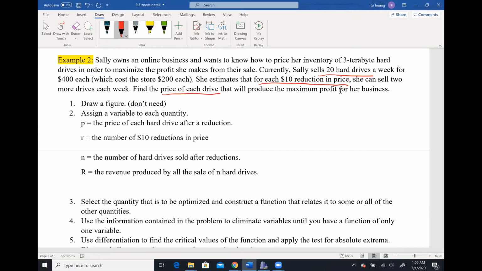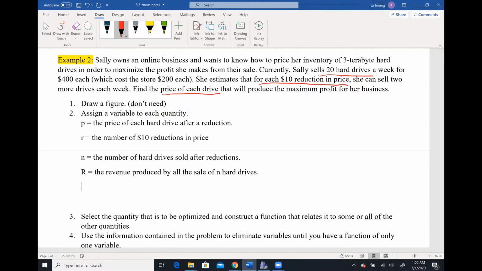Because it's a business, in order to get the revenues, you need to have the cost to the store for each drive. So you assign C as the cost to the store for N hard drives.